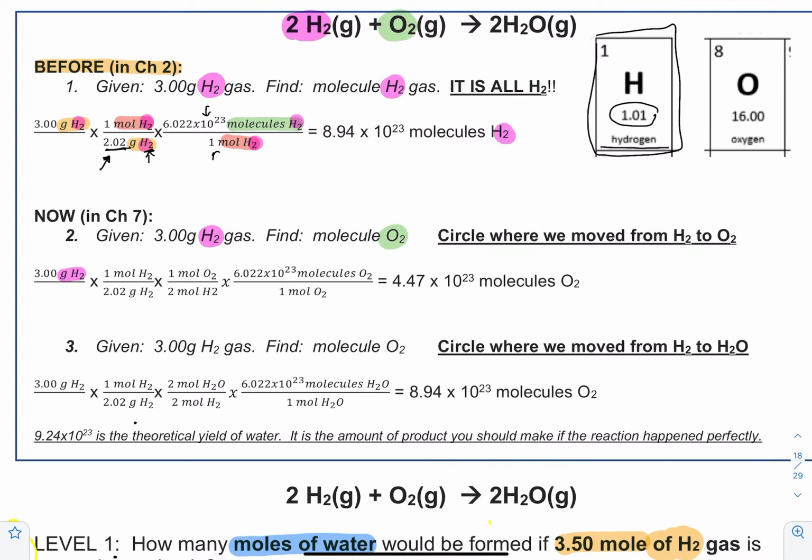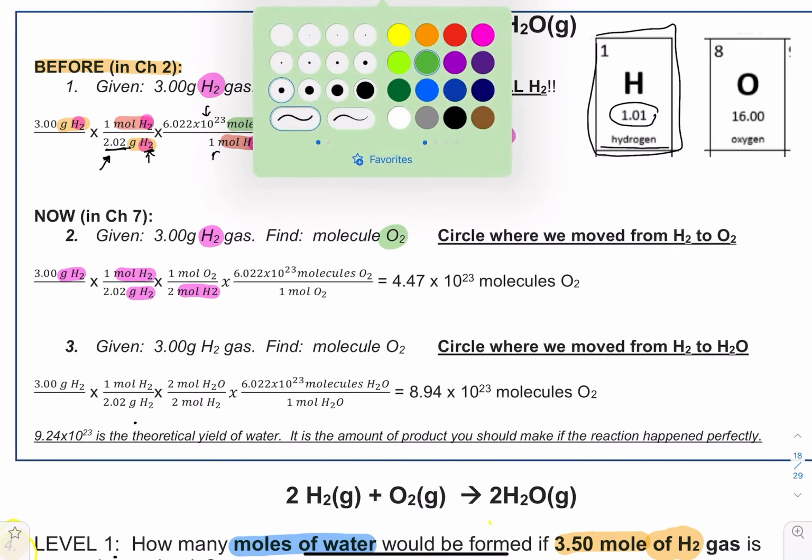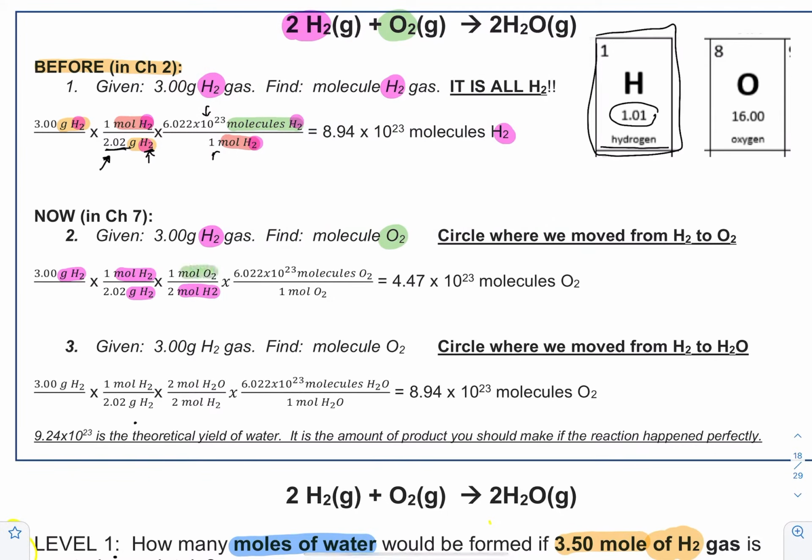Then I go from grams of H2, so those cancel, and then I have my moles. At this point, I'm switching to oxygen. Notice that grams of H2, moles of H2, moles of H2, moles of O2, moles of O2, so we're left with molecules of O2.